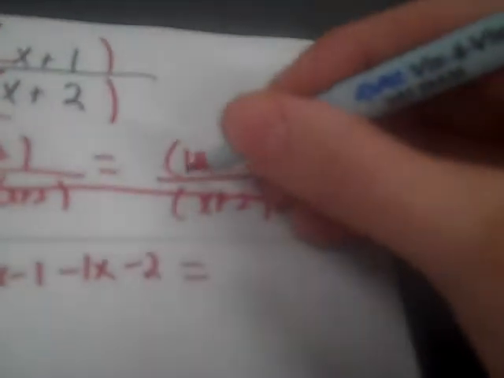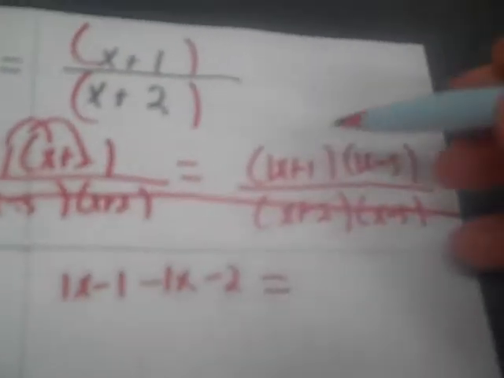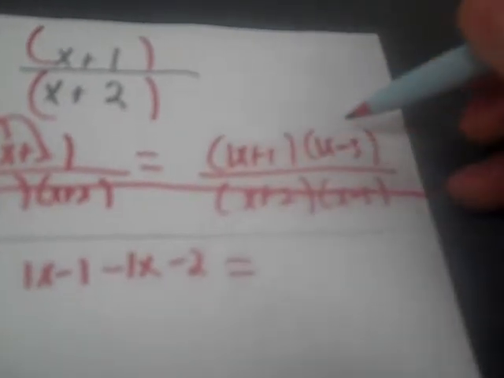Here I need to distribute the negative 1. So it's going to be negative 1x minus 2. Now over here I'm going to have to FOIL, because I got 1x plus 1, 1x minus 3. So down here I'm going to show my work: 1x plus 1 times 1x minus 3.